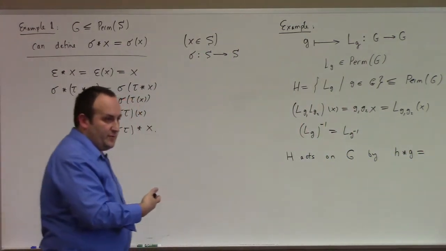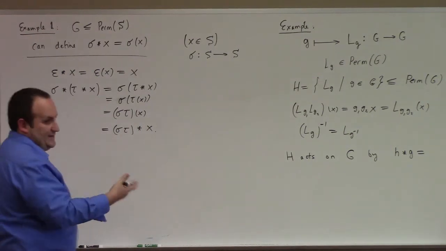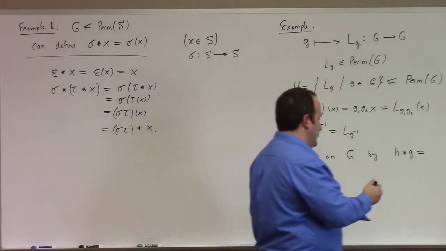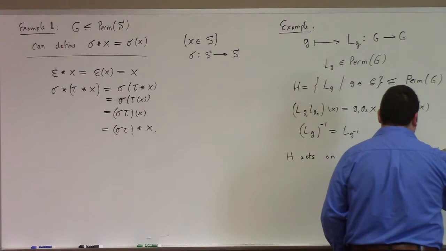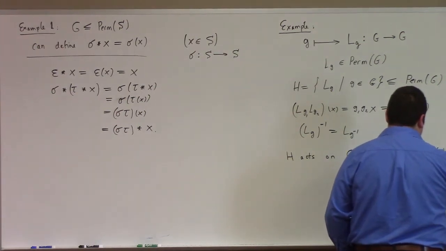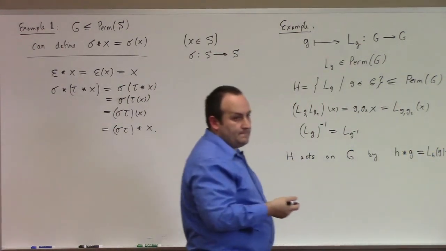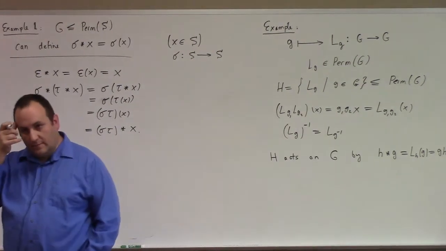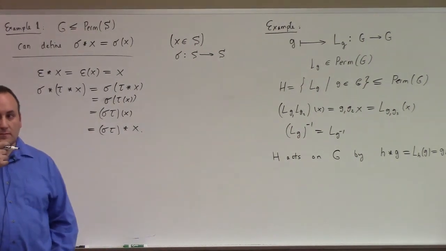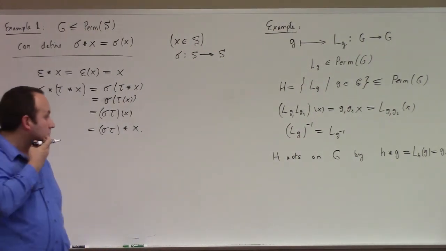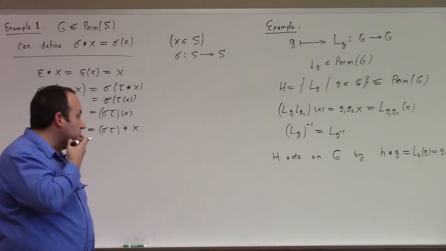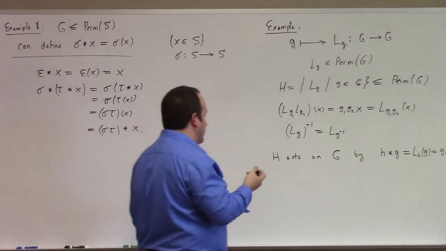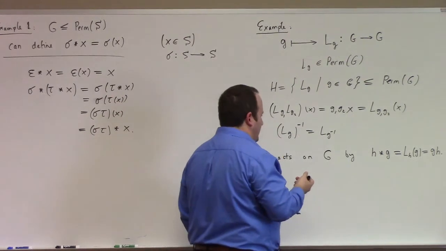Well, following example 1, it's L_h, right? It's L_h of g, but of course we know that that's just gh, right? Right, H. Oh, I'm sorry.